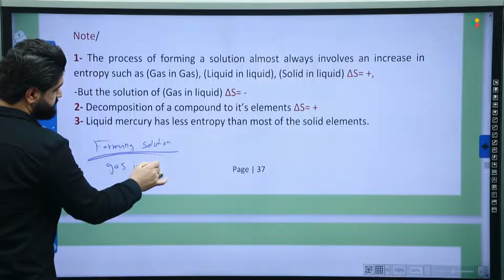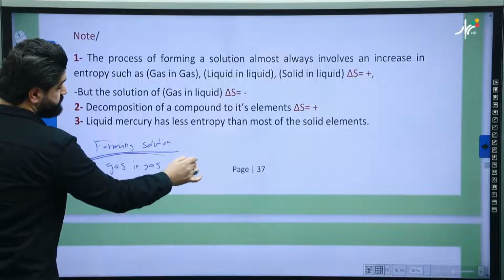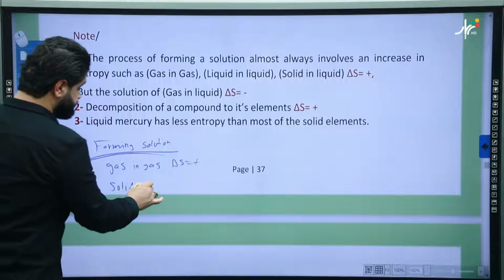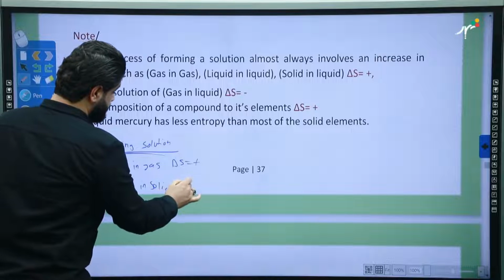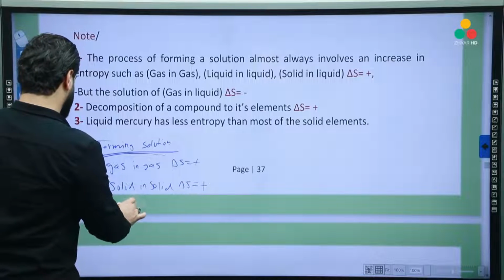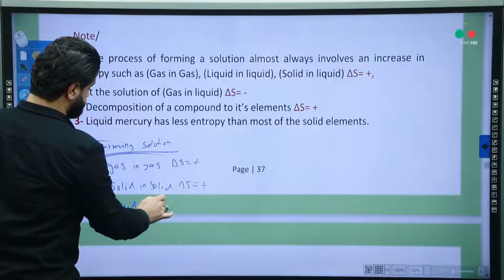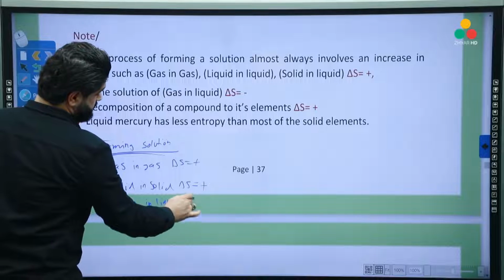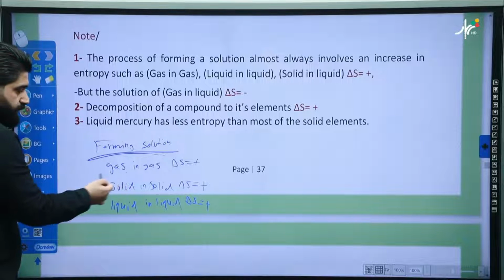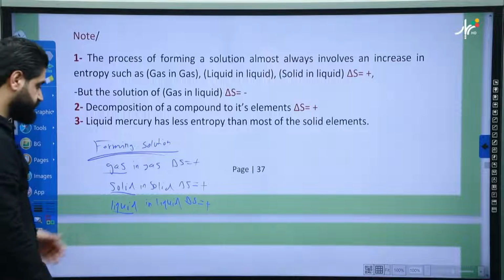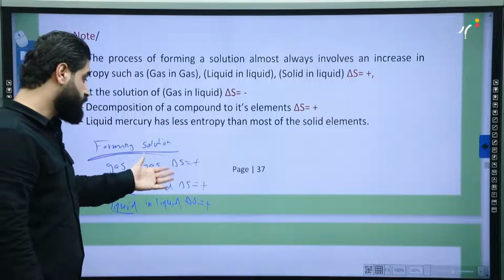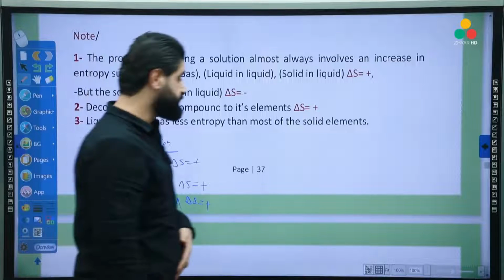Gas in gas, delta S is positive. Solid in solid, delta S is positive. Liquid in liquid, delta S is positive. Because both solute and solvent have the same physical state, delta S will increase.